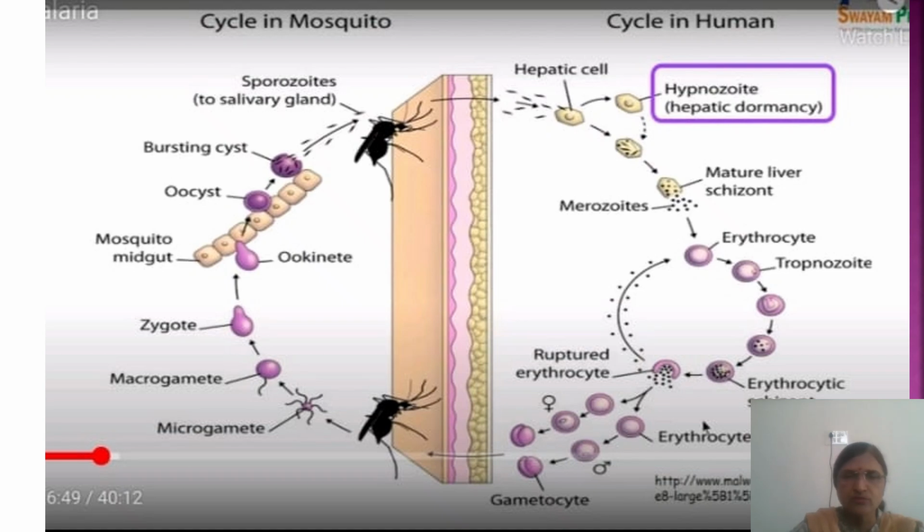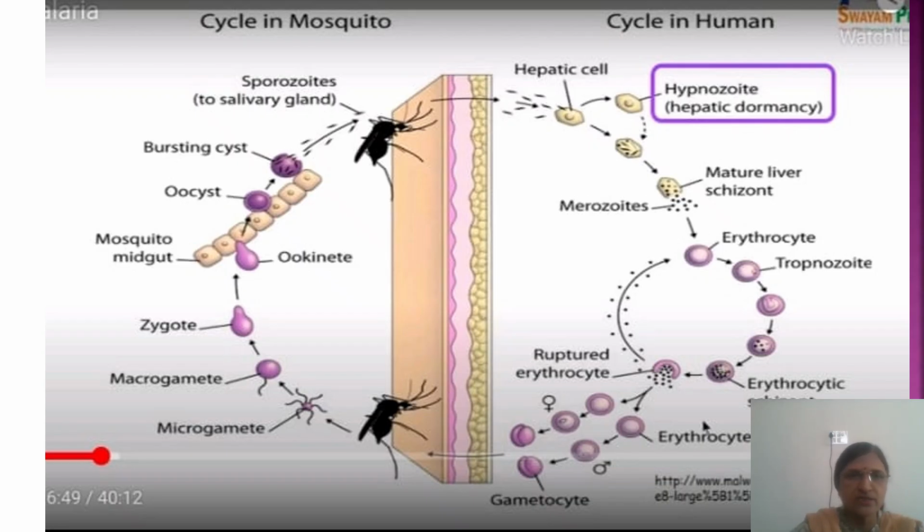mosquito. Now the cycle in mosquito is called sporogony. The micro and macro gametocytes will develop into microgamete and macrogamete. The microgamete has around 8 flagella. So it undergoes exflagellation and each one forms a microgamete, which will fertilize with the macrogamete, and then it will form a zygote.